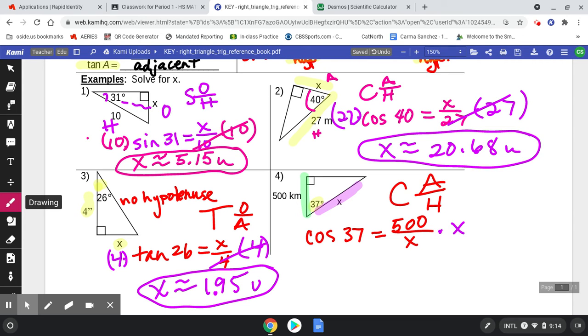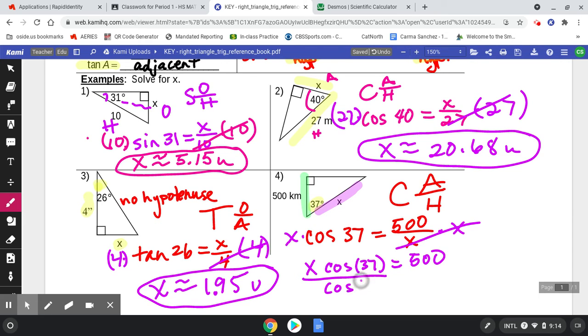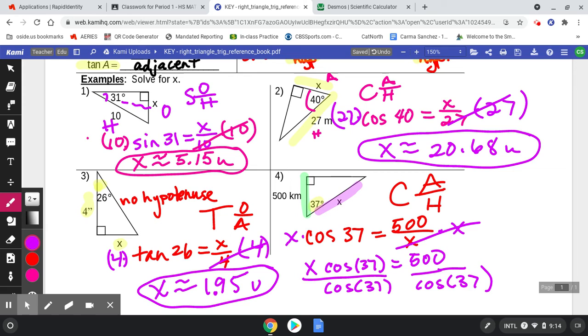I am going to bring the x up by multiplying. So I get x cosine of 37 degrees is equal to 500. So I just brought the x up. And now I'm going to be dividing both sides by the cosine. So what happens when we have the x as the denominator instead of a number? Let me show you what I mean.